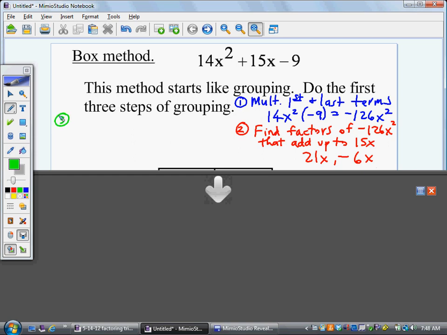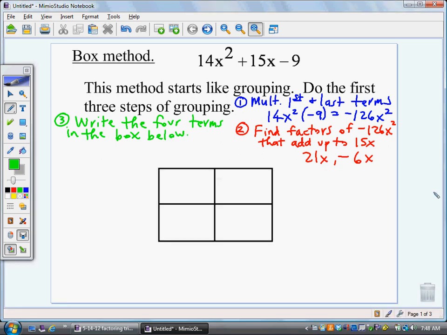And then the third step is write the 4 terms in the box below. Now when I say the 4 terms, basically you're going to take these 2 terms here, and you're going to put them right in here.